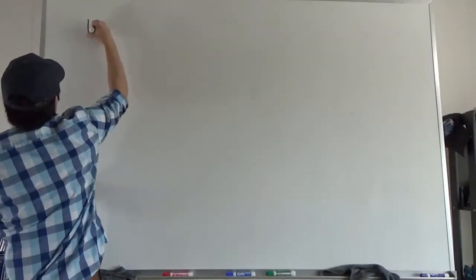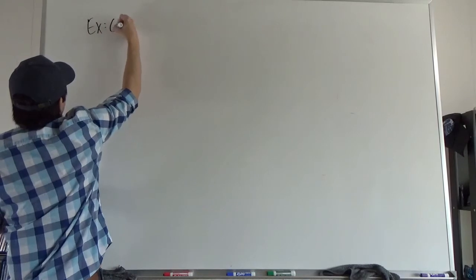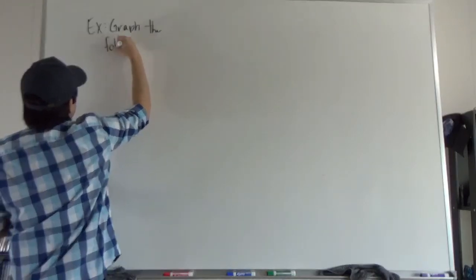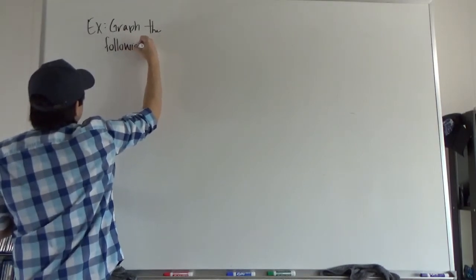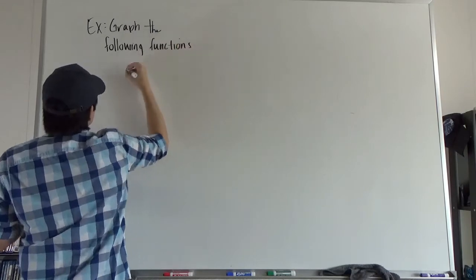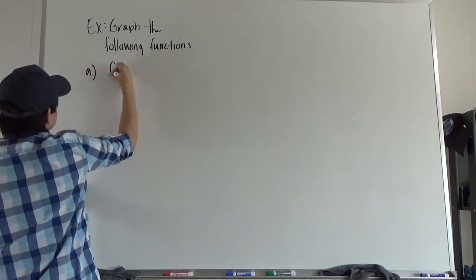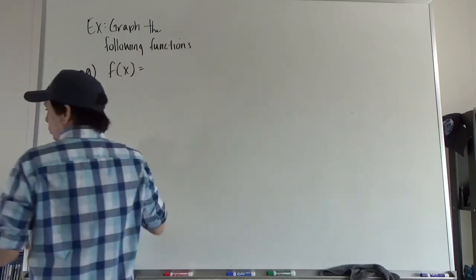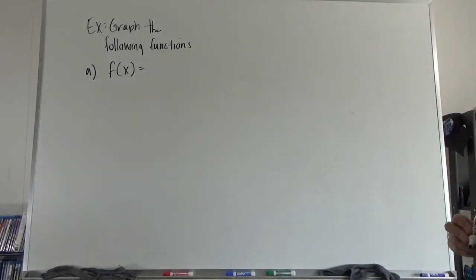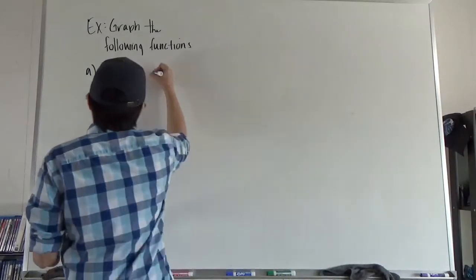Next, I do want to get you used to the idea of graphing functions. We'll do 2 of these. That should illustrate enough how we're going to approach this. F of x is equal to negative 2x plus 1.